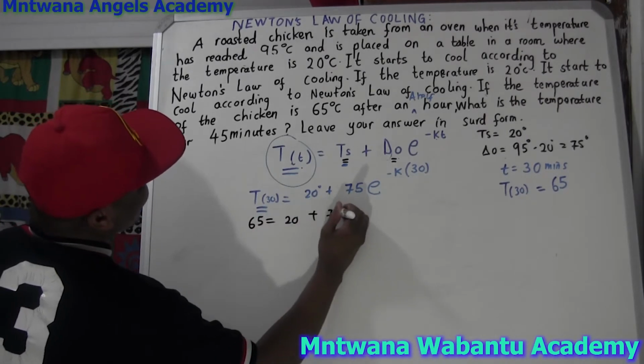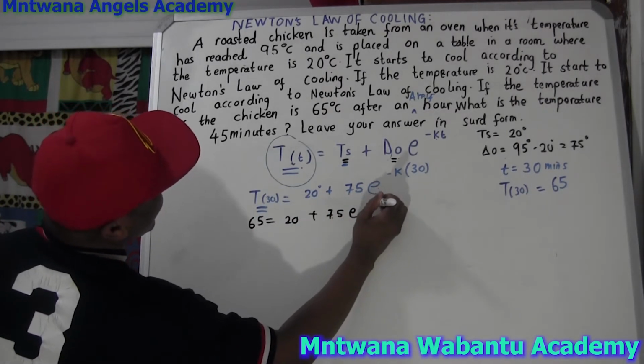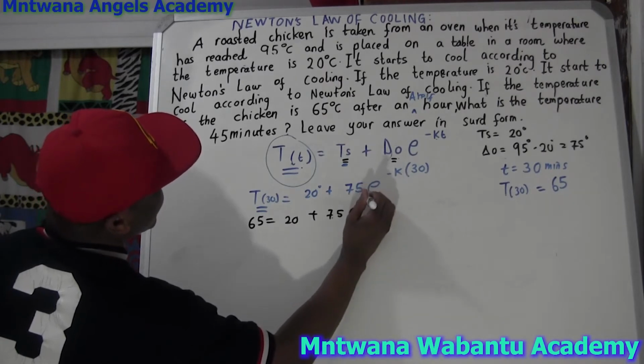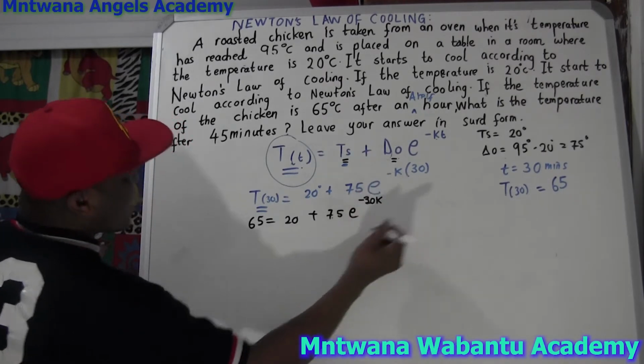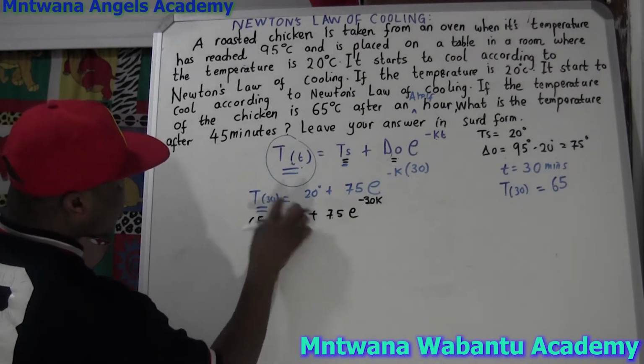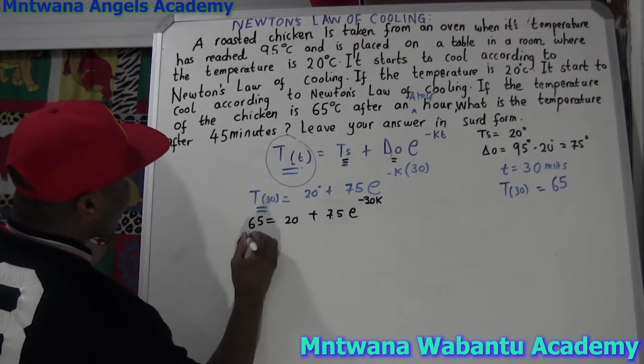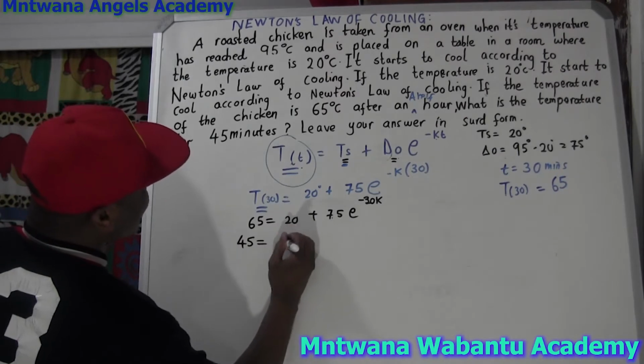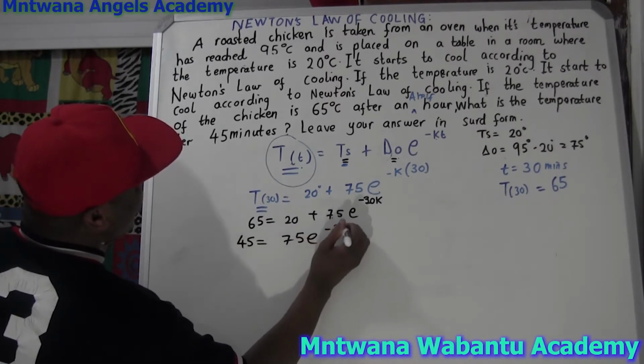So here it's going to be 65 equals 20 plus 75 e to the negative k times 30, negative 30k. This 20 comes here: 65 minus 20 is 45, equals 75 e to the negative 30k.